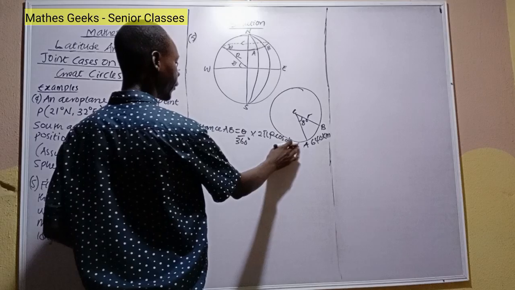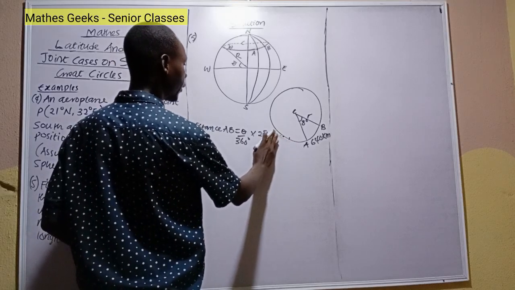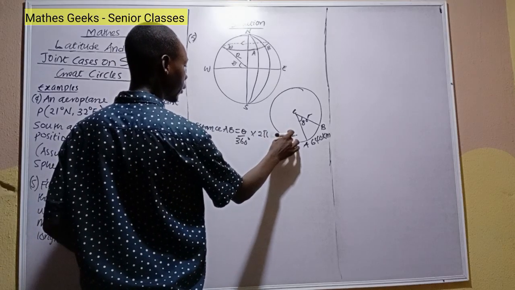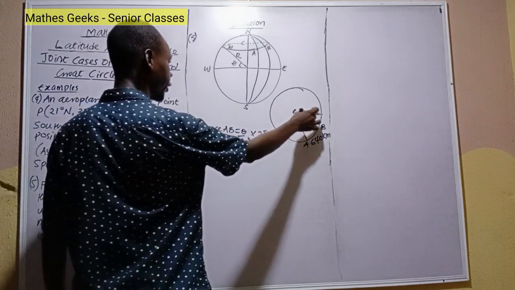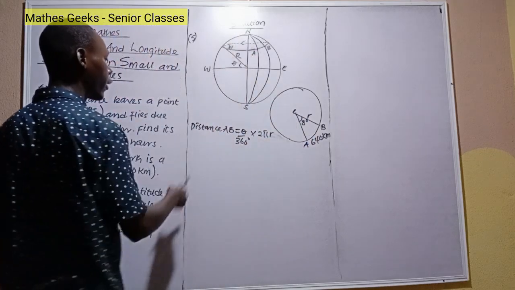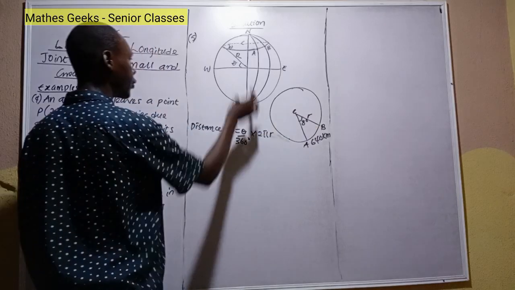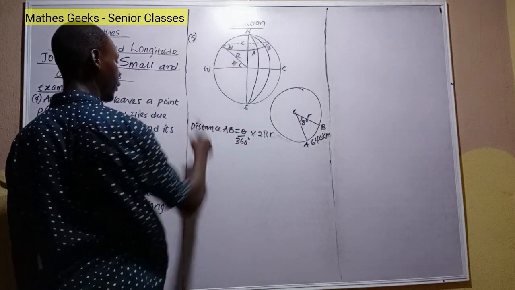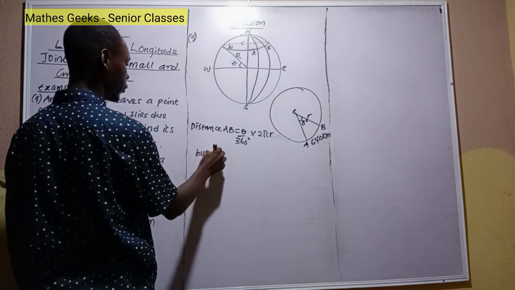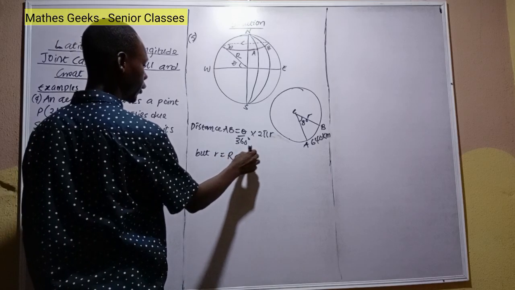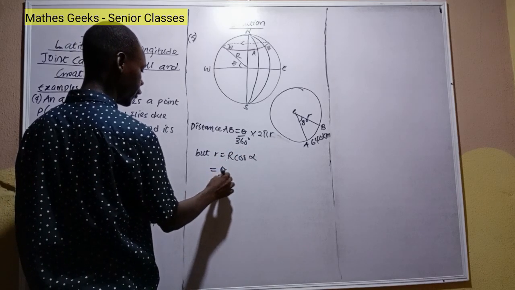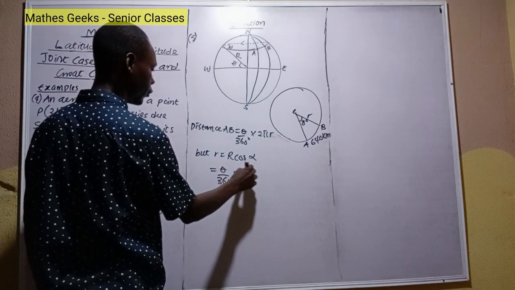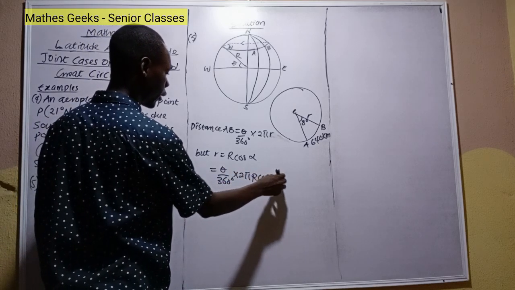Here r is the radius of the small circle, and the radius of the small circle is related to the radius of the big circle by r equals R cos alpha. So the formula is theta over 360 degrees times 2 pi R cos alpha.